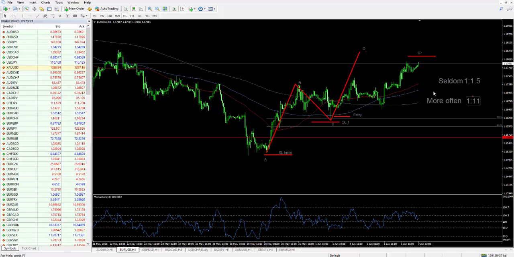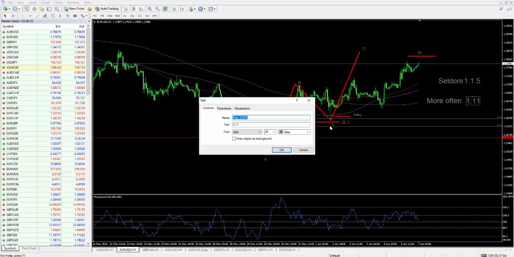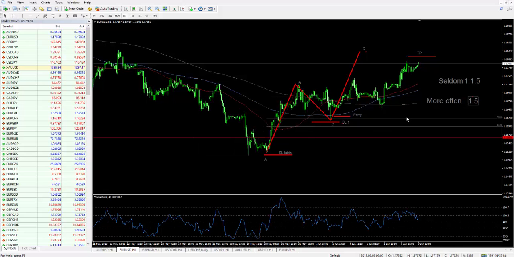Okay. So even if you make a mistake, as long as you follow this rule here, you should be fine. Okay. Now it doesn't always happen at 1 is to 11. What I usually like to say, it usually turns into 1 is to 5. Okay.